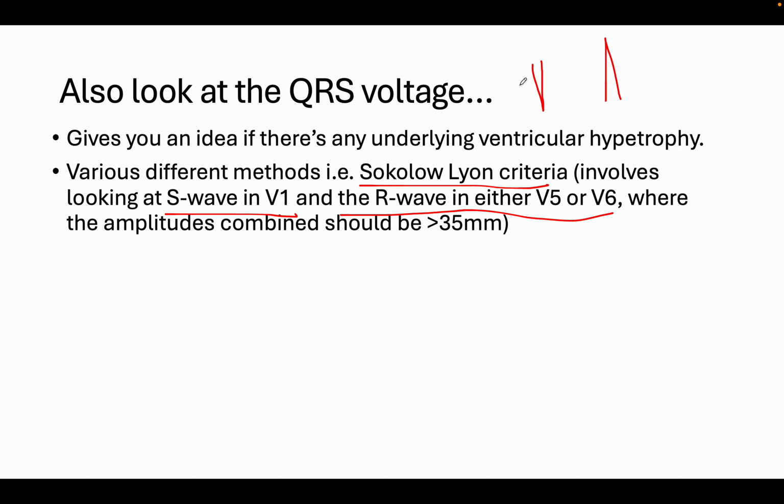And you look at the S wave in V1 and the R wave in either V5 or V6, it's your choice, and you basically measure the amplitudes of each of those parts. So you'd measure the amplitude here and the amplitude there, and you combine them together. And if it's greater than 35 millimeters, that's suggestive that there might be some left ventricular hypertrophy.